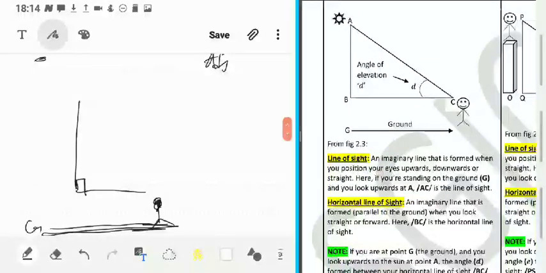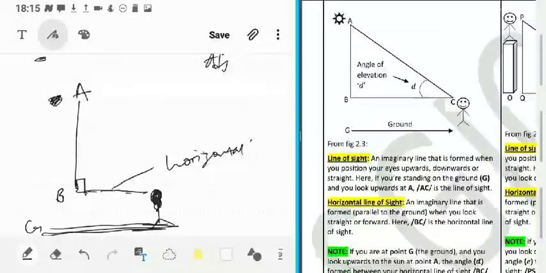This is the ground. And the person is looking at this point A. Maybe he wants to look at the sun at point A. Let me call this B, B for base, like bottom. Now ordinarily, if the person is looking direct, straight at this B, this is the horizontal line of sight.